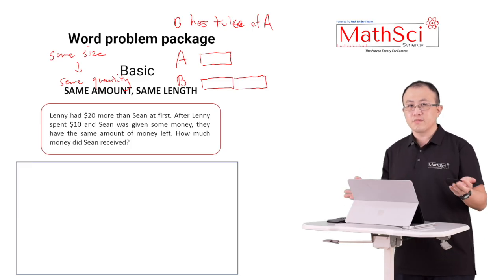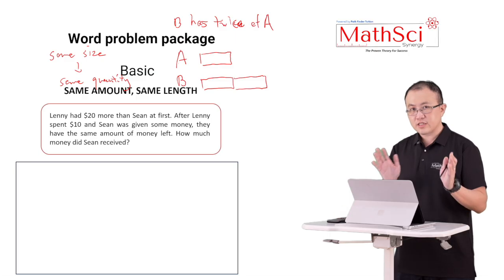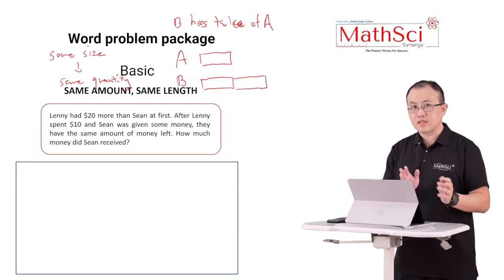If you have a bigger box, you can put more stuff inside. If you have a smaller box, you can put less stuff inside. So the size of the box is very important. Same size means same quantity.